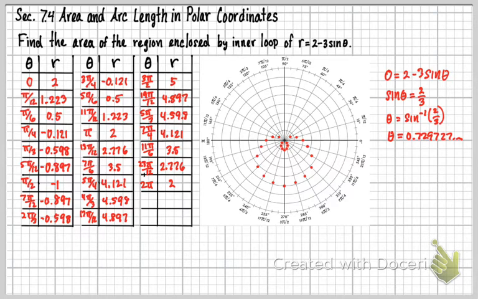Now where I'm going to end is another question, so now I have to find that. I found the angle somewhat over here, and now I have to find the angle over here.